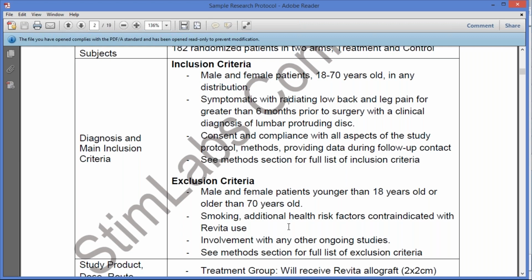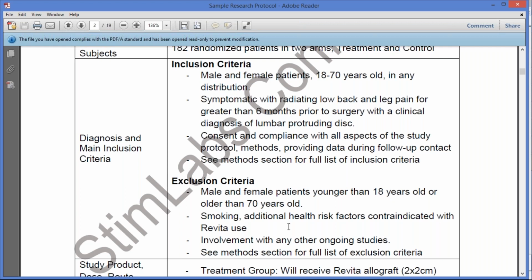So you know inclusion. Inclusion criteria and exclusion criteria are completely study based.